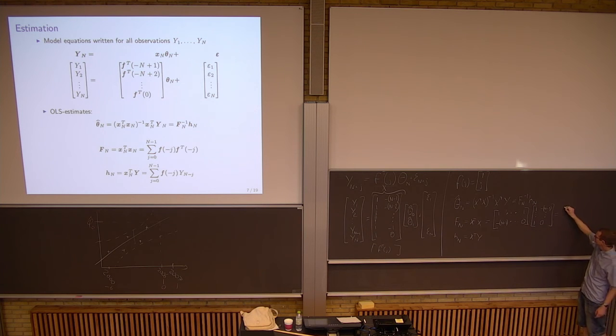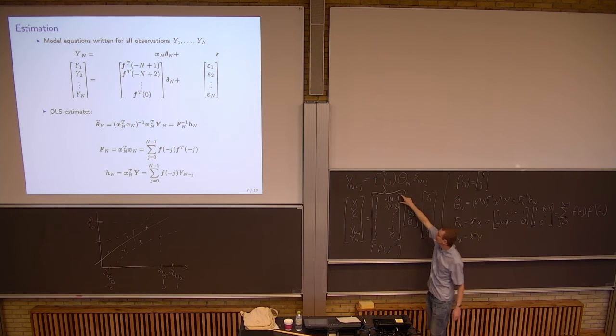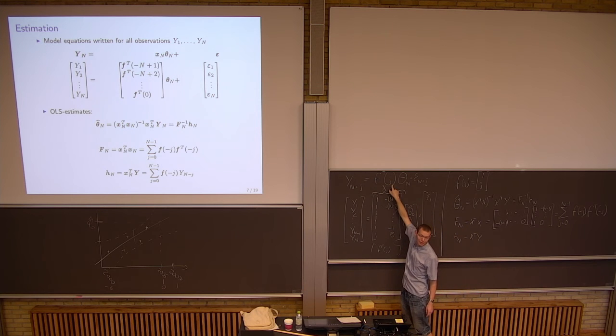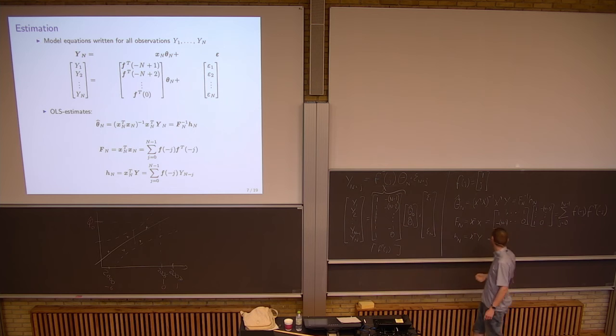So I have the sum, now write the same way as over there, j equals 0 to n minus 1. And then I take f of minus j. And then I take f transpose of minus j. Notice that I have transposed the other one because each row here is f transpose already. So I have this here.